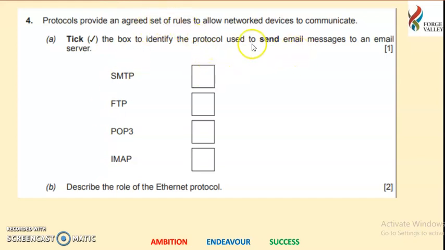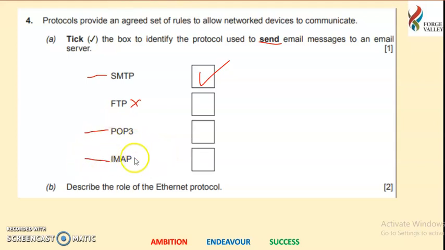In terms of our protocols, sending email messages, we know that that's an email protocol. We know it's definitely not file transfer, because that's not an email protocol. In terms of sending, we know it has to be that one, because POP3 and IMAP are about receiving emails.